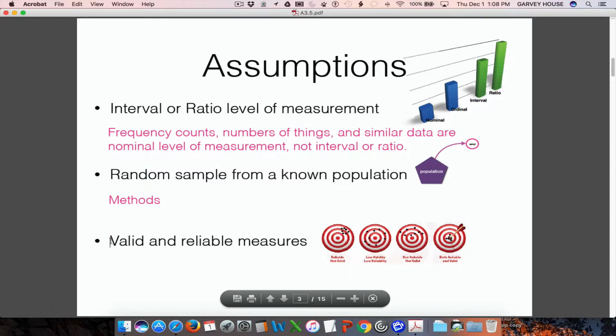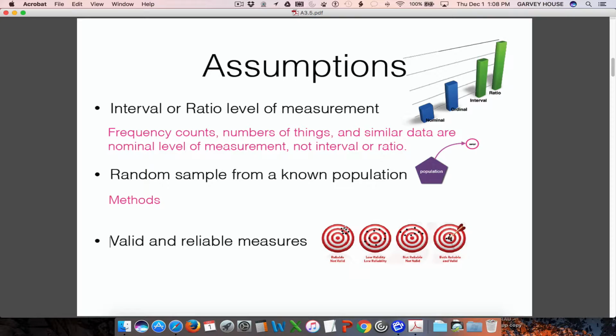And then the final assumption is that whatever you're measuring, that it is a valid and reliable measure. So you can see in this diagram here, in this first bullseye, that you have all the points that are clustered tightly, but they're not clustered in the center.